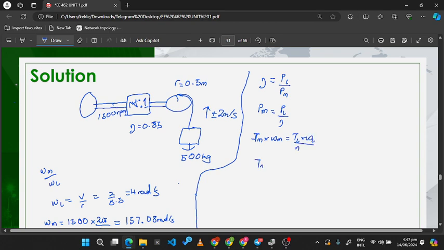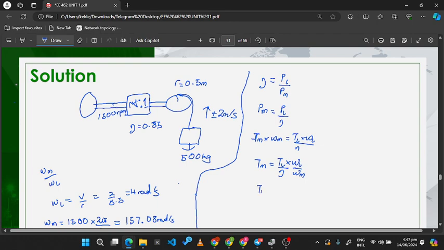So our motor torque will be the load torque multiplied by the speed over the efficiency.